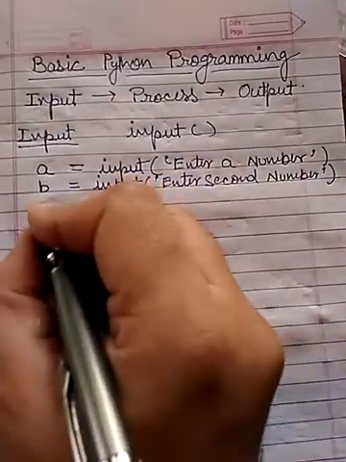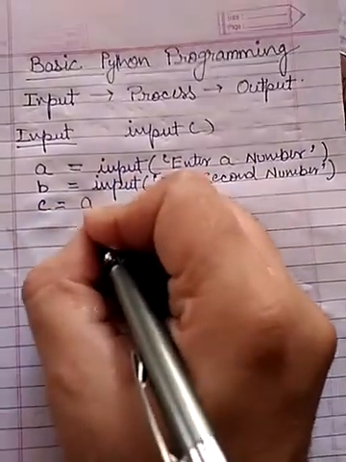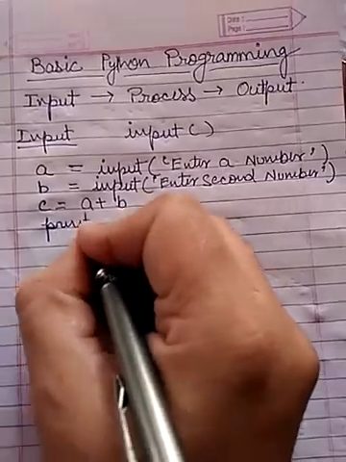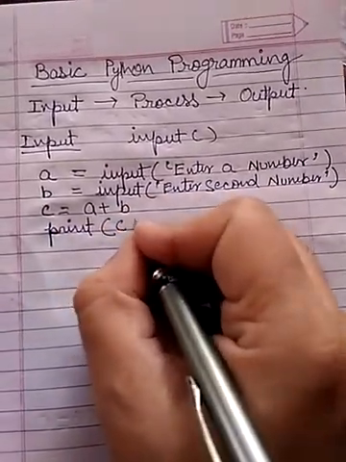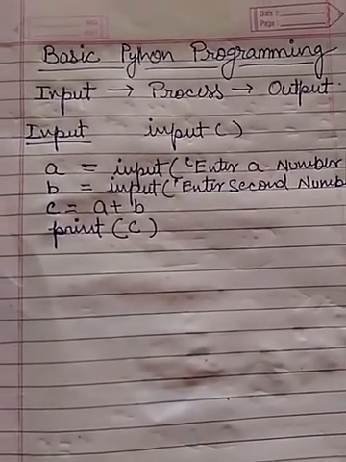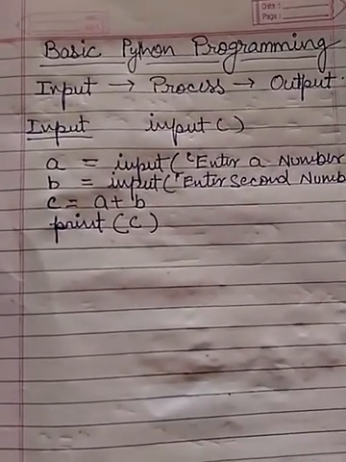Now if I do c equal to a plus b, print c. Print is a built-in function which is used to print the result on the screen.